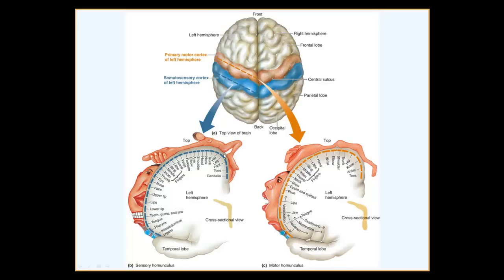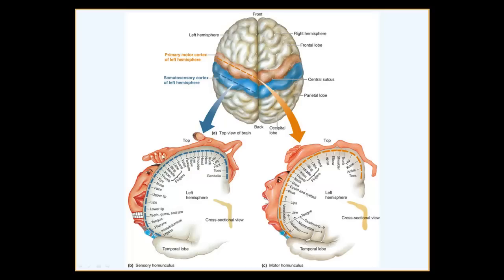But then when you get to the feet and the thigh and the leg, you will see that it's not that represented, because there's very little complicated moves that are initiated at your knee level.